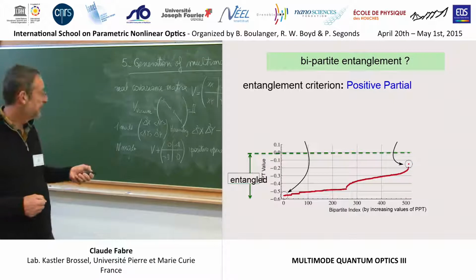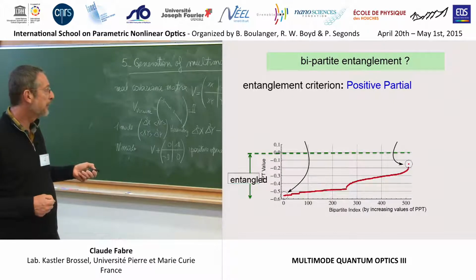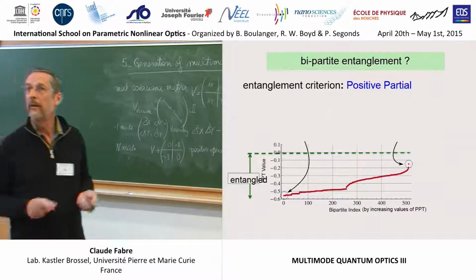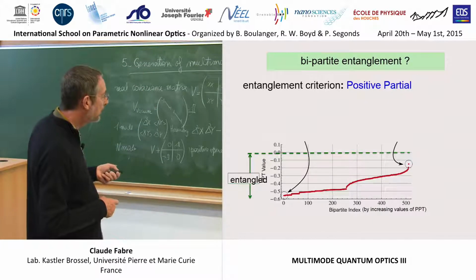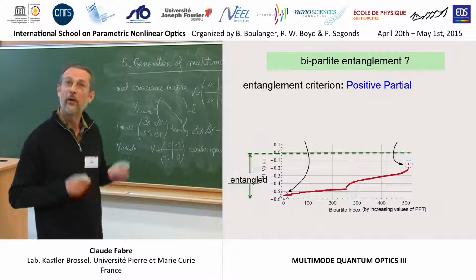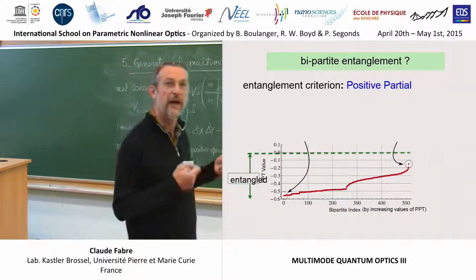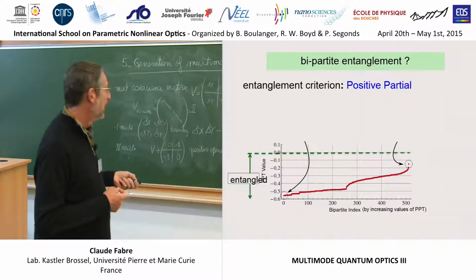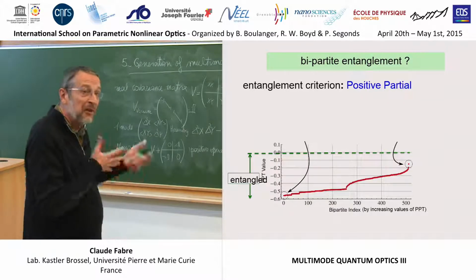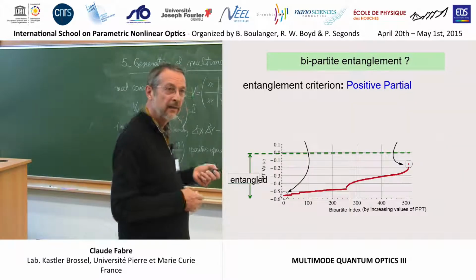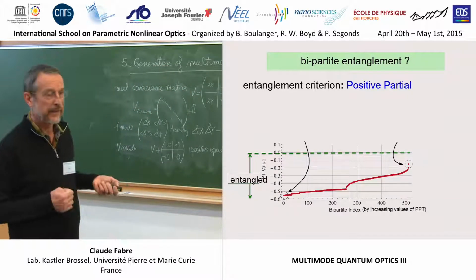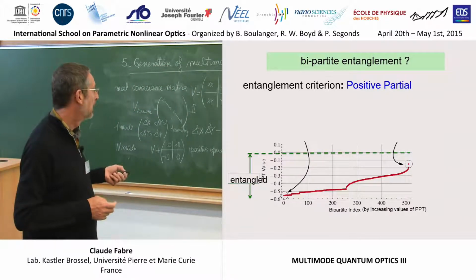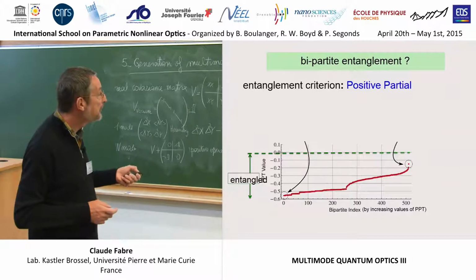The different points correspond to these 511 different bipartitions. And you see that all are below the green line. So all these 511 bipartitions are entangled. There is some kind of ranking of the entanglement by this PPT witness. This one is more entangled than this one.